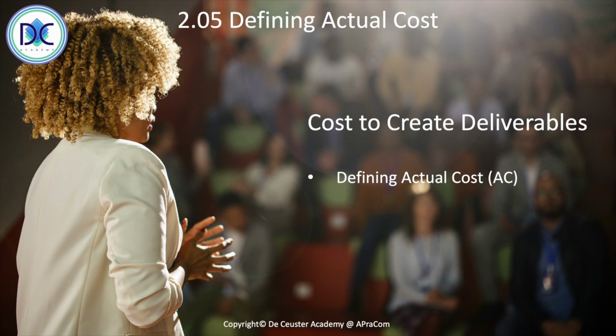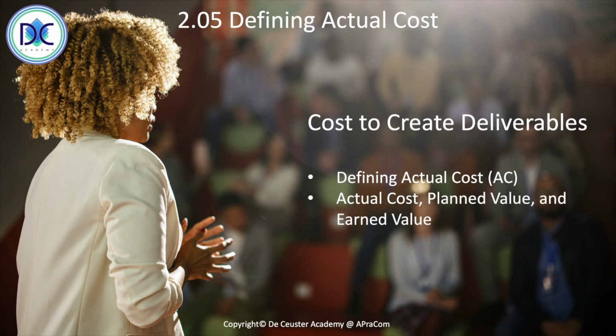It's a very important parameter because it gives us the actual amount of money we spent to create the deliverables. We can compare the actual cost, the planned value and the earned value in the same graph that we've been looking at before, and we will discuss the properties of the actual cost. That's the last part of this video.